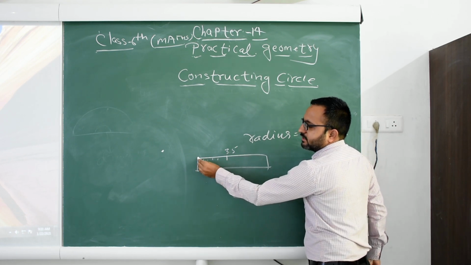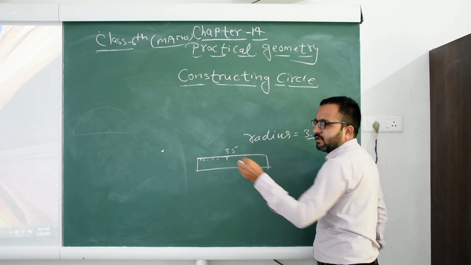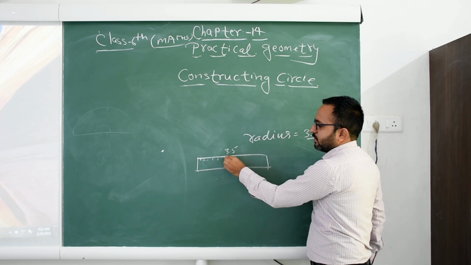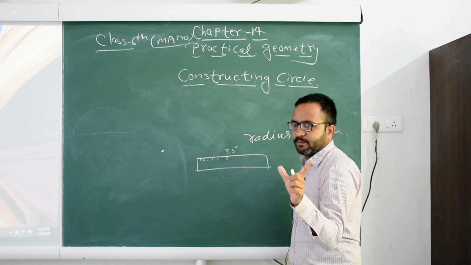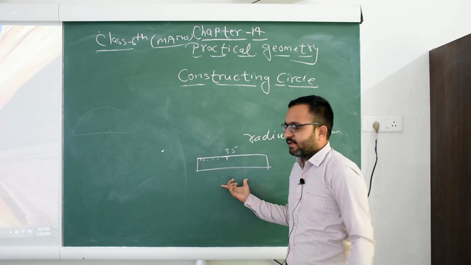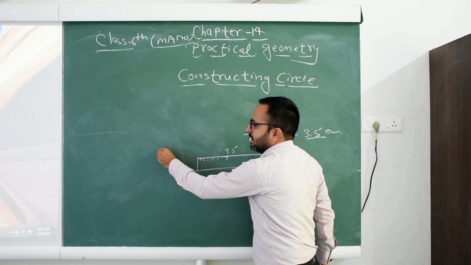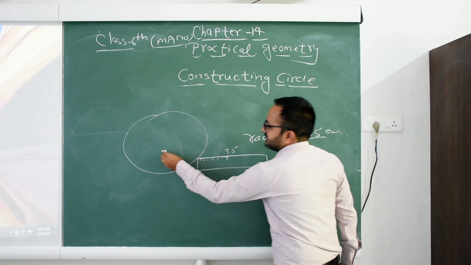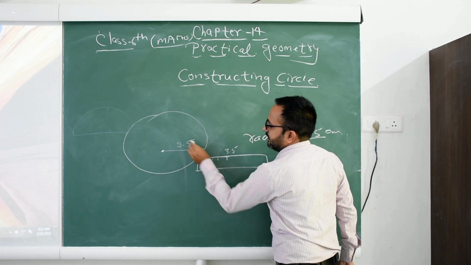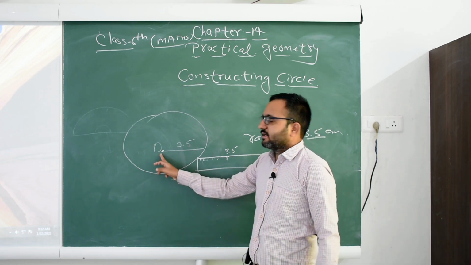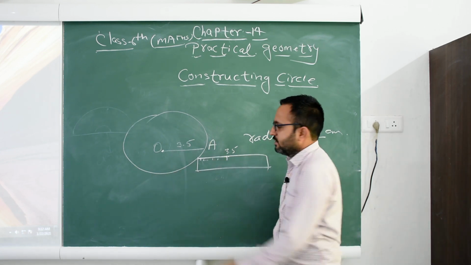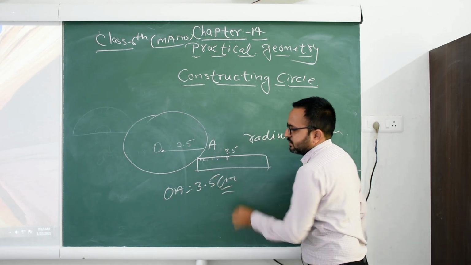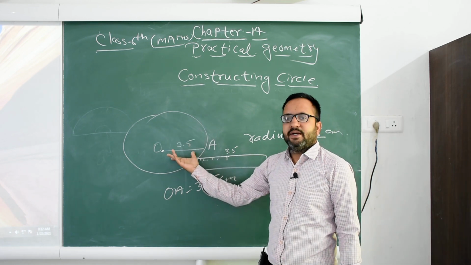One point of the compass is here, open the compass and put the pencil here, measure 3.5, and then put the compass here and move slowly. This is called radius 3.5. Mark the center O and the point A. So OA is 3.5 centimeter. So this circle has radius 3.5.